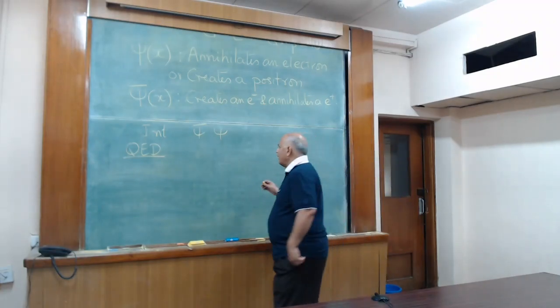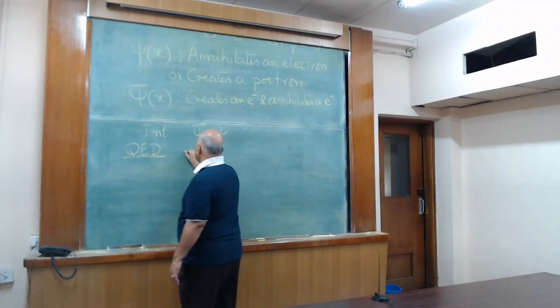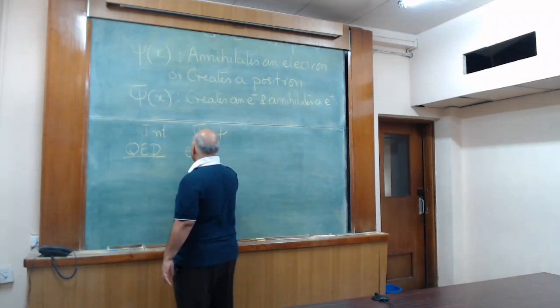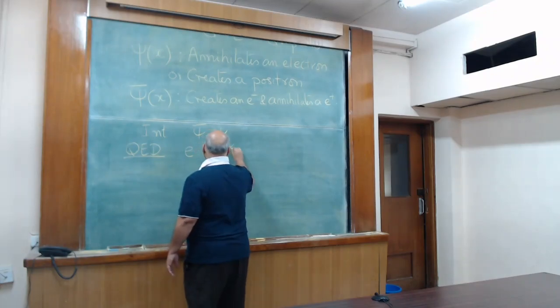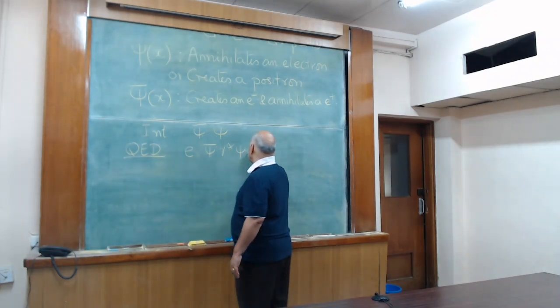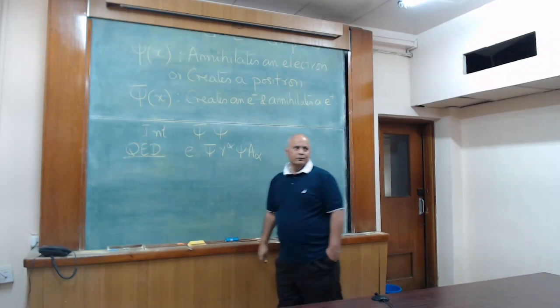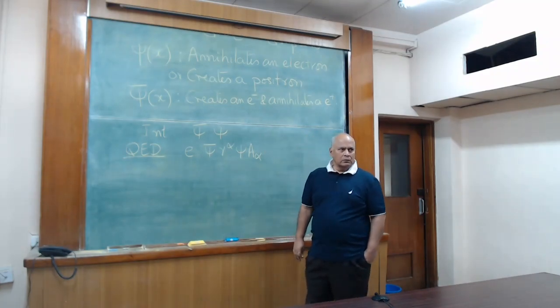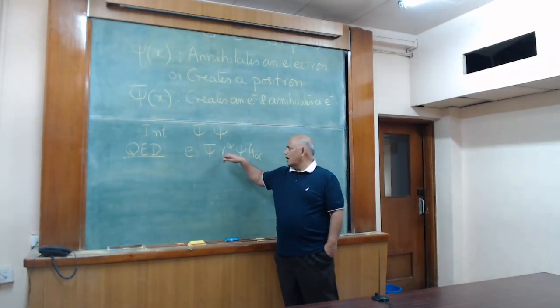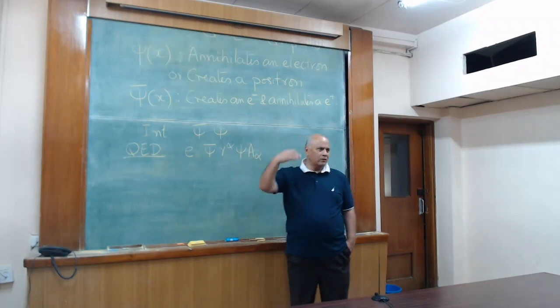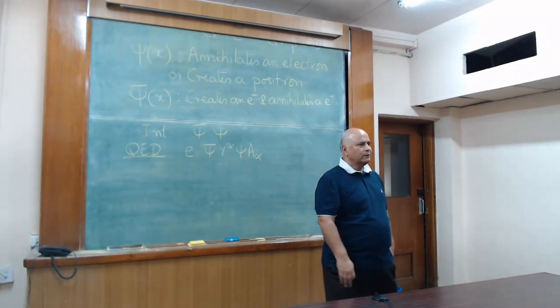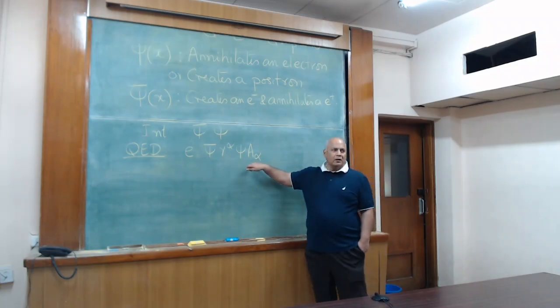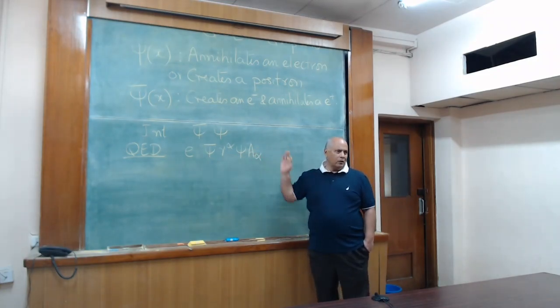That interaction is of the form: some coupling constant e times psi bar gamma alpha psi A alpha. I can show that this psi bar gamma alpha psi transforms as a 4-vector, and I dot it with another 4-vector so that I get a Lorentz scalar.